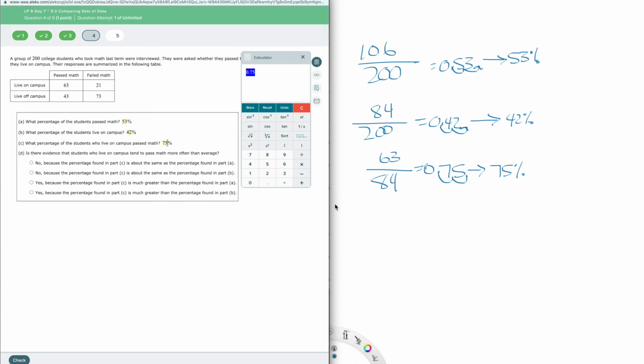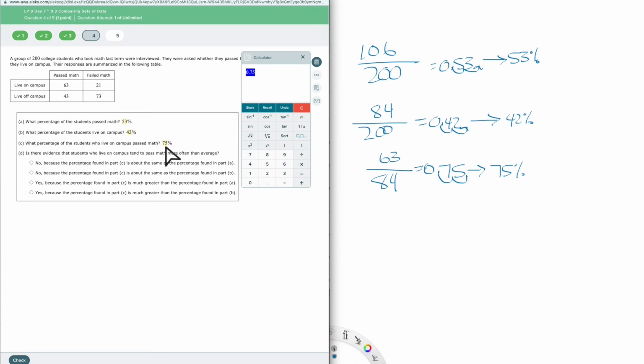So if we look at the percentage that it just gave us, average is not necessarily in the middle, but we want a middle data point that we can look at. So let's read these really quick. So no, because the percentage found in part C is about the same as the percentage found in part A. So those are pretty far off.